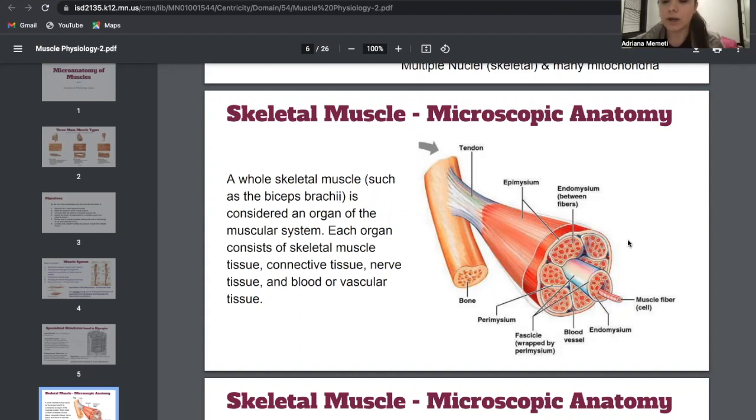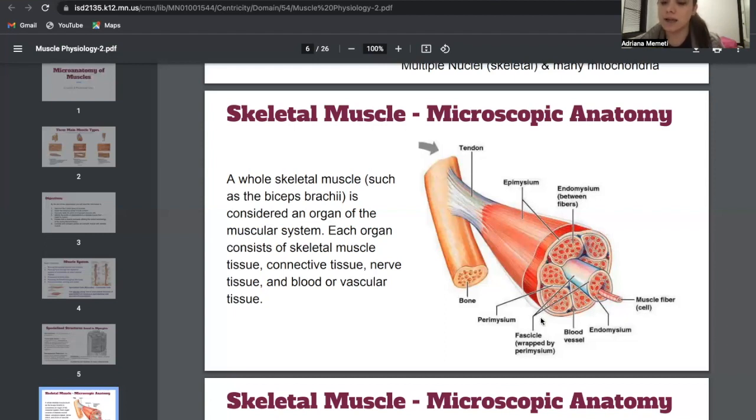Moreover, the skeletal muscle cells, which are the muscle fibers, are bundled all together into fascicles. And the fascicles are surrounded by another connective tissue called perimysium.